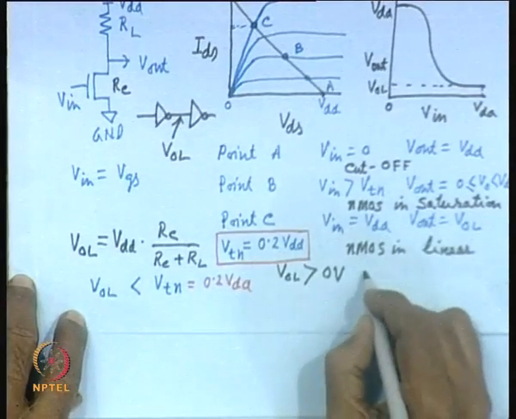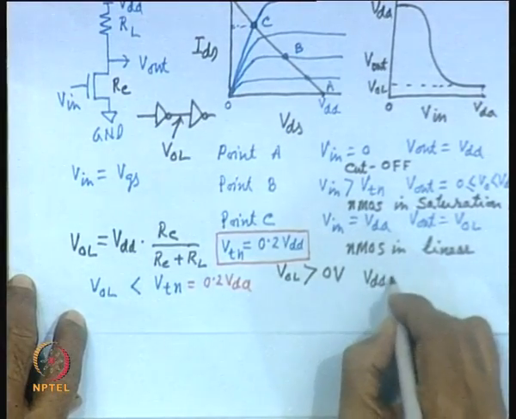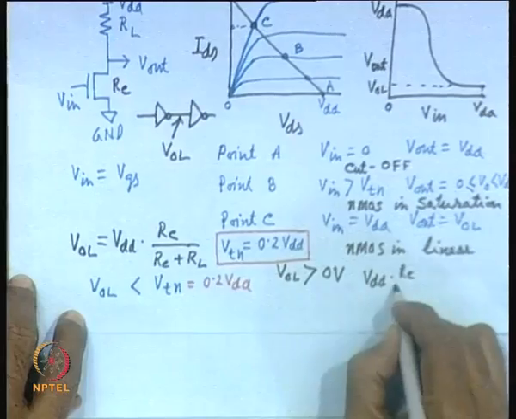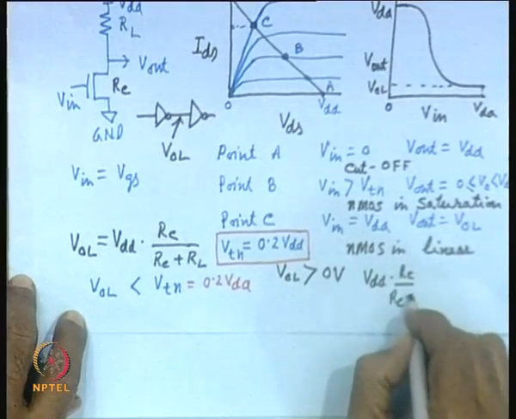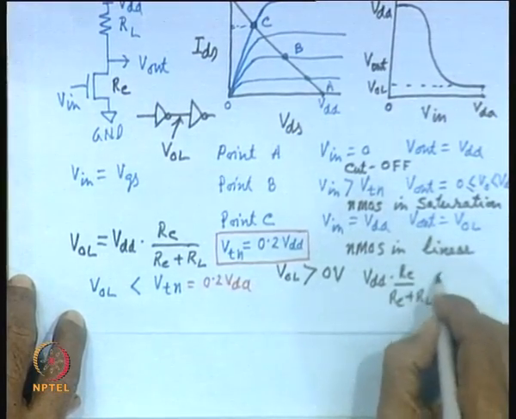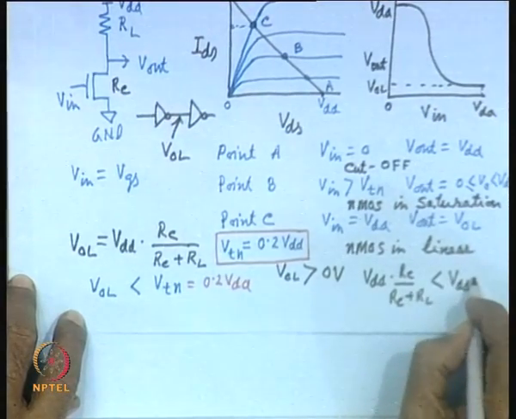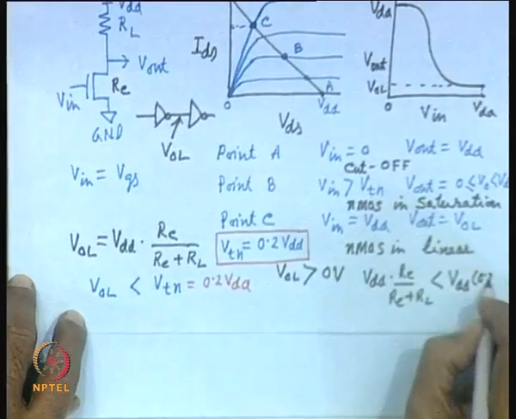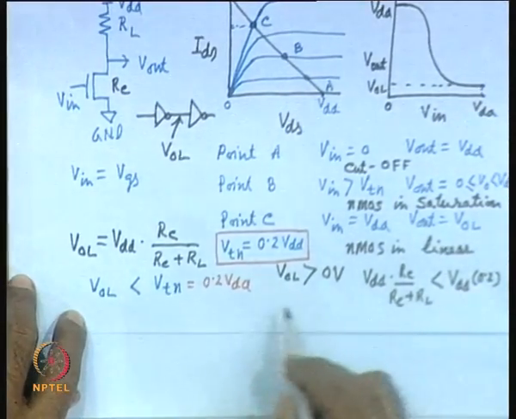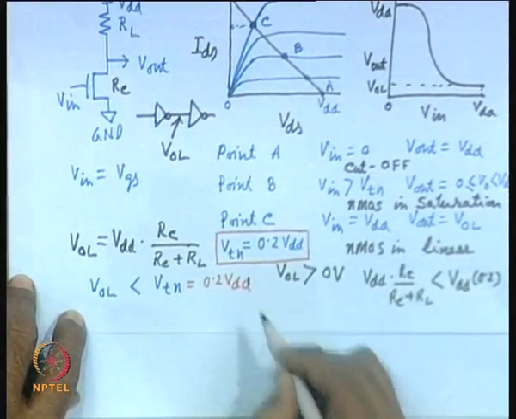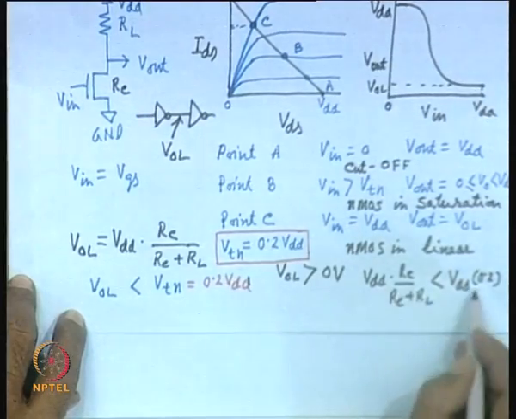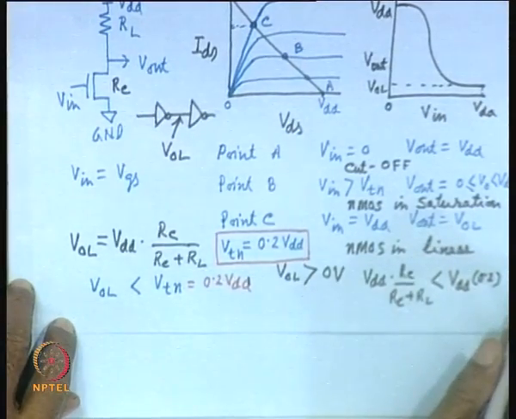That means, VDD into RC by RC plus RL should be less than VDD into 0.2 VDD. So, if you solve this equation, what will you get?